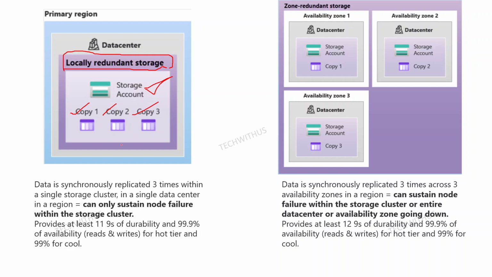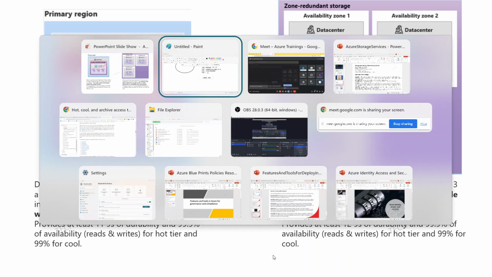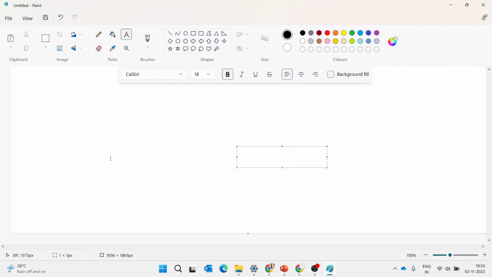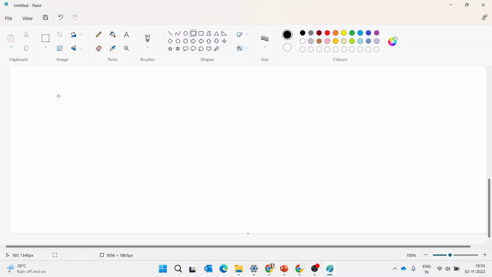I will show you how exactly a data center looks. In a data center, data is stored in the form of racks. So let's say I'm drawing roughly 2 racks.